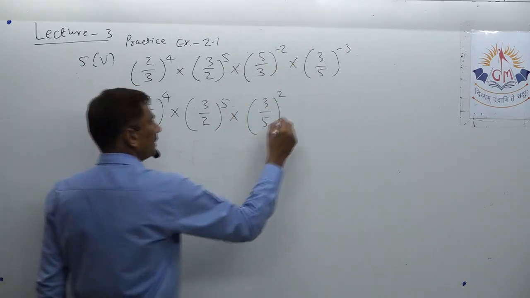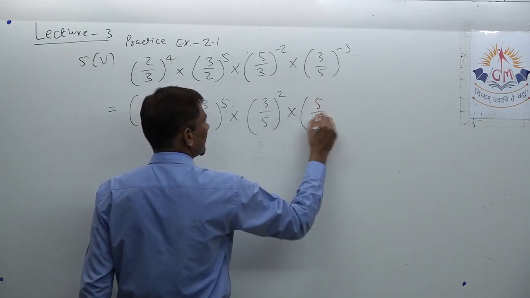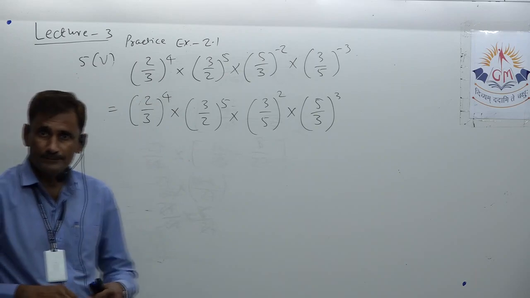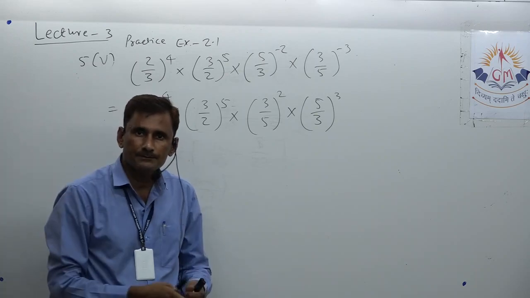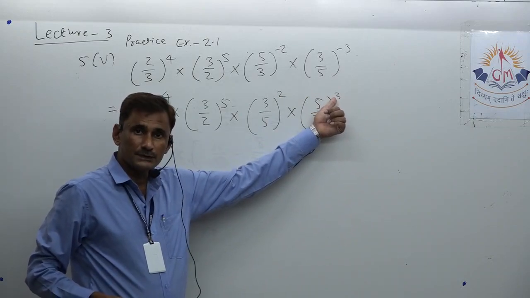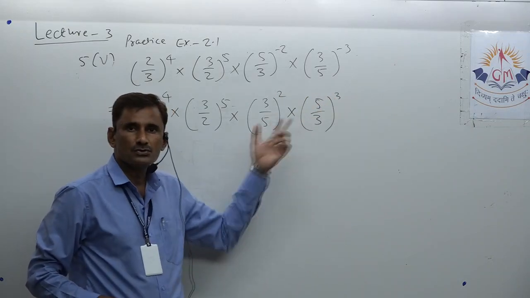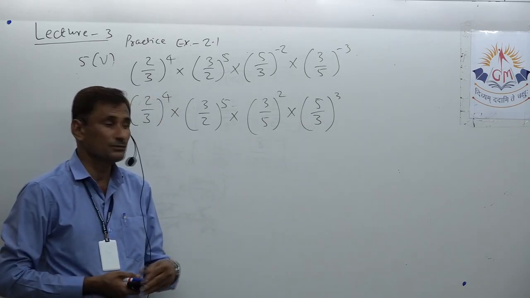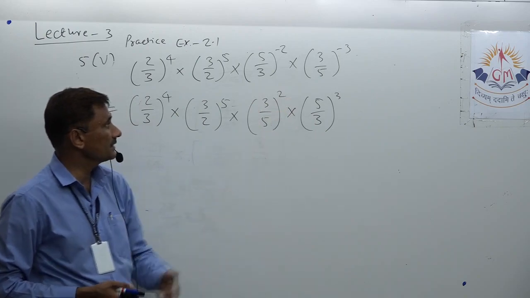Okay, and here 5 by 3 raised to 3. And if you forgot, I am repeating again, for getting negative to positive, that means for the exponent to be positive, the base should be reciprocated. So the reciprocal or inverse of the base should be written here. Okay, so that's why I wrote it.